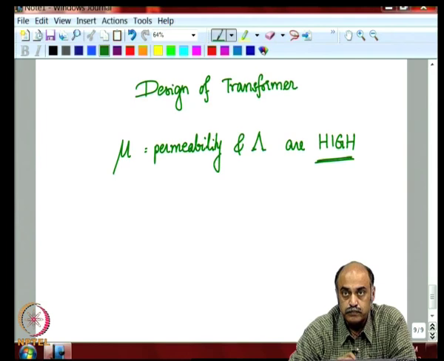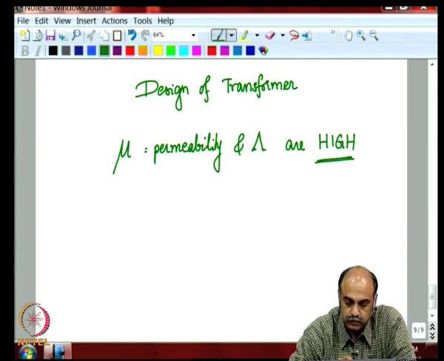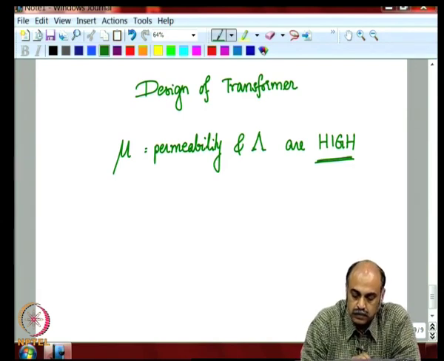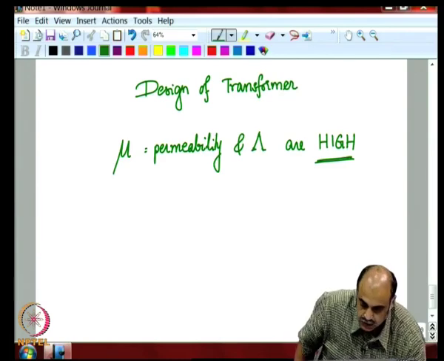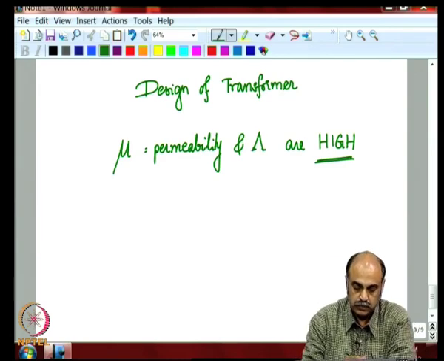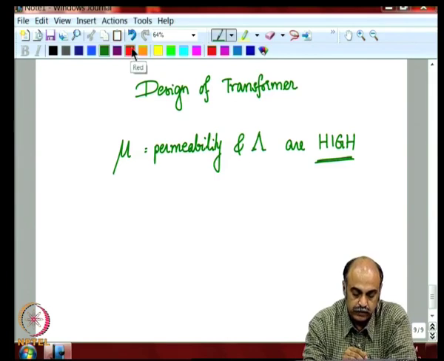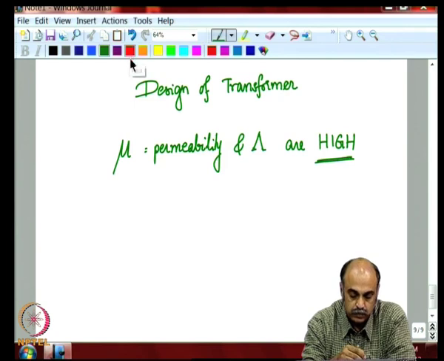There is no air gap, therefore, the reluctance has to be kept as low as possible. And the design is such that the cores will have very high mu r and little or no air gap.